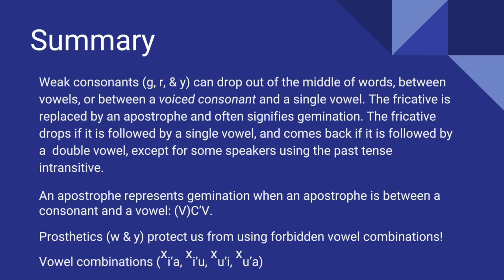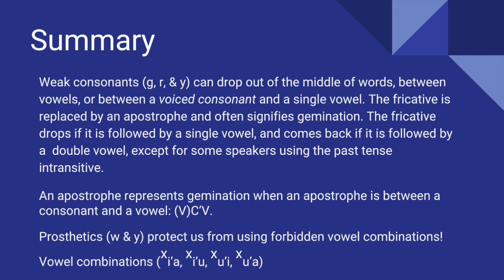Summary. I know that was really fast. You can watch it again. Weak consonants, G and R, and sometimes Y, can drop out of the middle of words, between vowels, or between a voiced consonant and a single vowel. The fricative is replaced by an apostrophe and often signifies gemination.